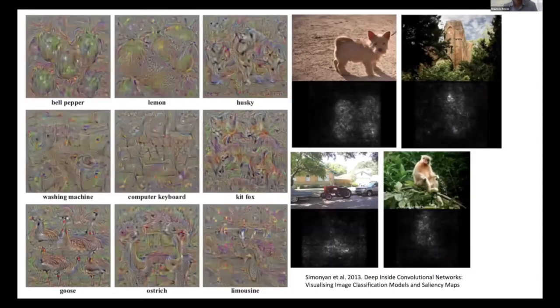For a bell pepper, a lemon, a husky, washing machine, computer keyboard, a kit fox, limousine, an ostrich, and a goose. Personally, some of these images are really difficult to understand, right? Like the limousine, probably you see the windows or the wheel over here. So there's the subjectivity aspect to it as well.